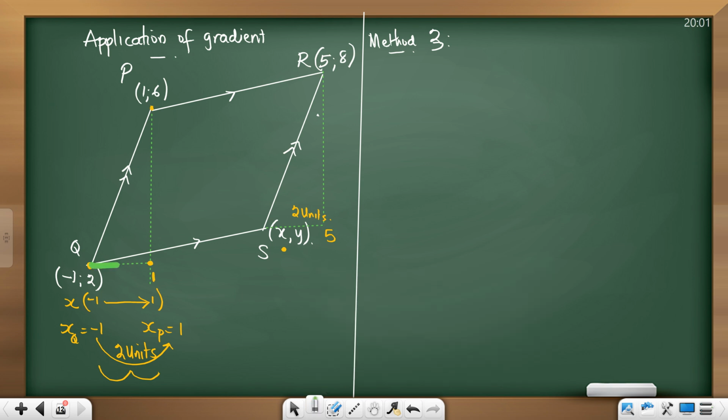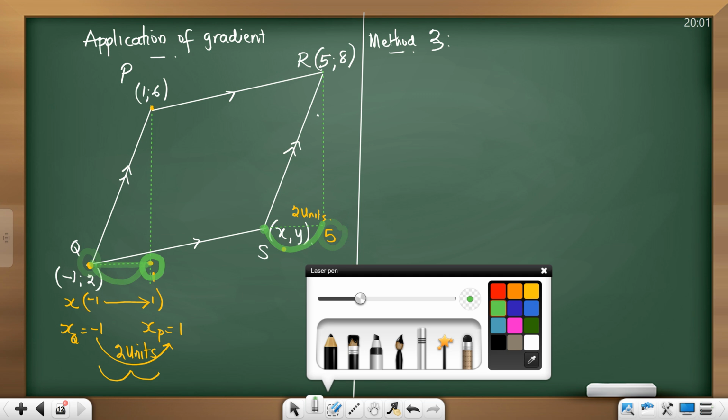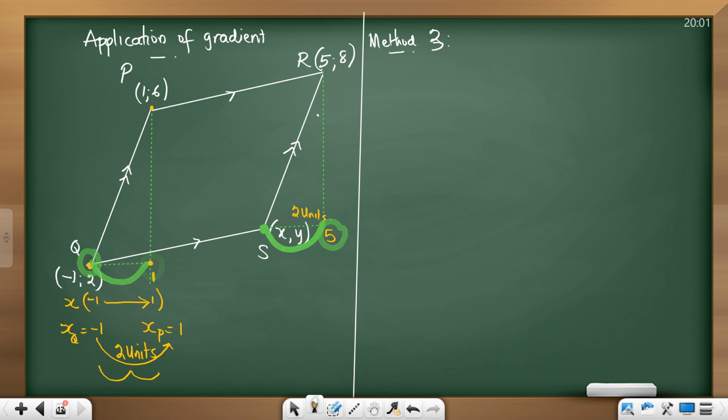Again, check. Considering the X movement, I'm using P and Q. Do you see that? The X value here is -1. The X value here is 1. So I've moved 2 units. Now, the same 2 units. If this is 5, 2 units before 5, what should that be? 3. Do you understand my 3?